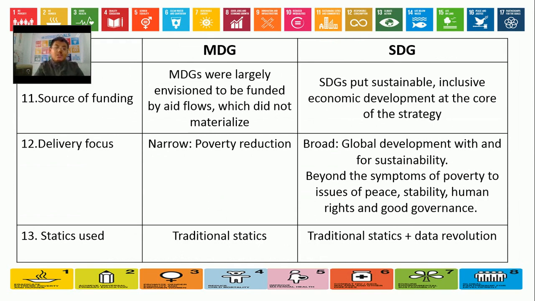That means the SDG will cover more than the MDG, which was more focused on poverty. The SDG focus on poverty, including peace, sustainability, human rights, and good governance. And in the MDG, traditional statistics were used, while in the SDG, traditional statistics along with a data revolution are used.